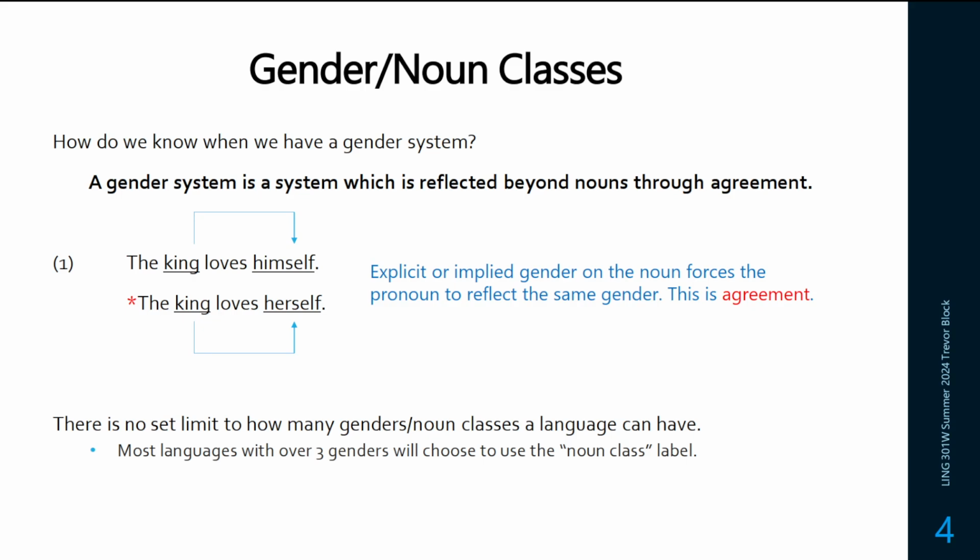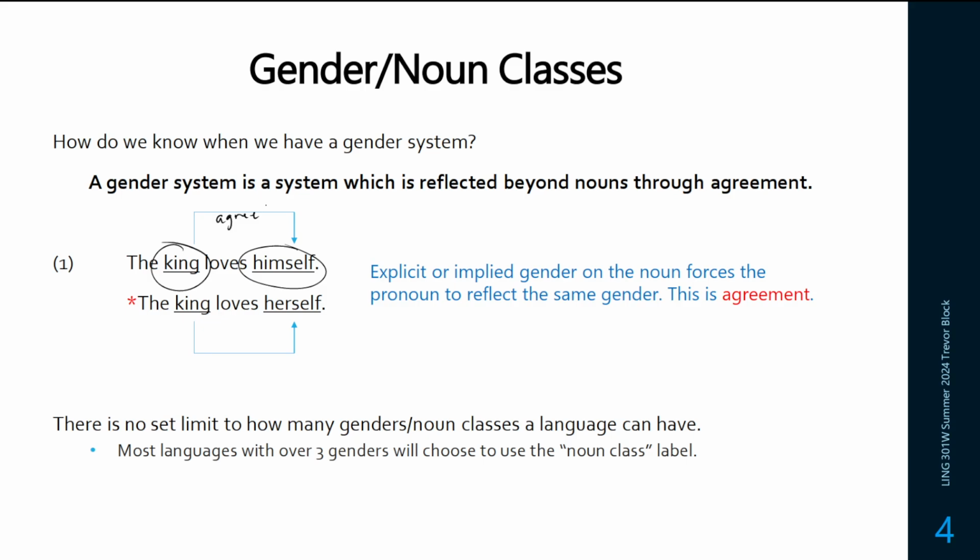So in English, we have the king loves himself versus the king loves herself. When we say the king loves herself, the majority of speakers are like, hold on a second, that doesn't make any sense because king is inherently masculine, so we should be using a masculine pronoun, himself. The fact that king is controlling another word for the form and it only accepts a very limited amount of forms, we call this agreement. In other words, some gender feature of king has to agree with the gender feature of another word.